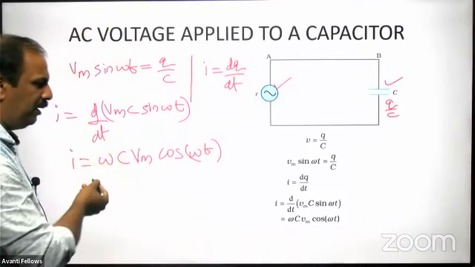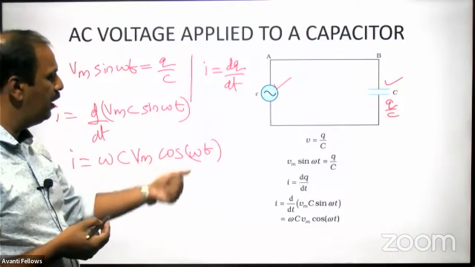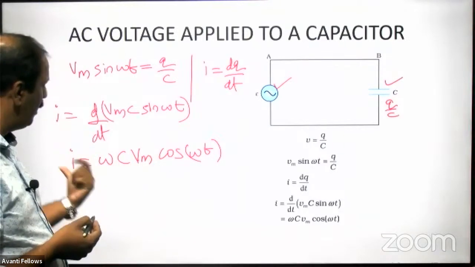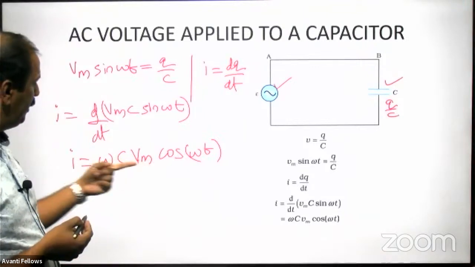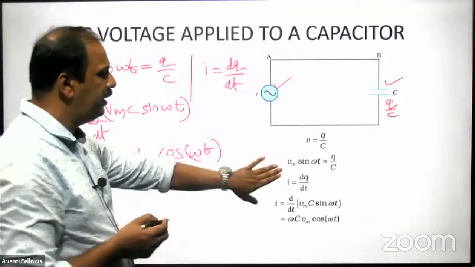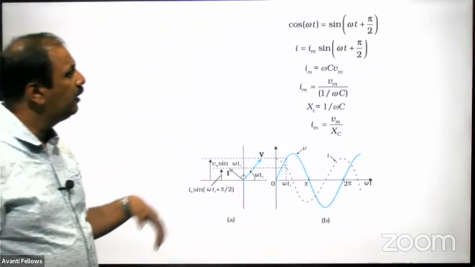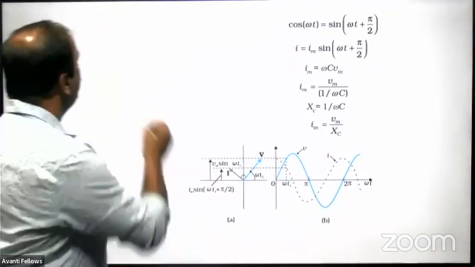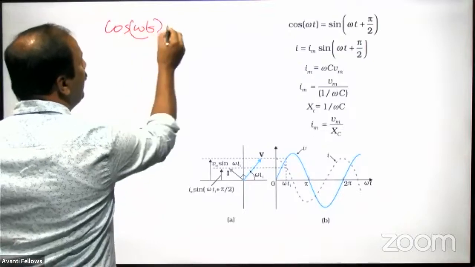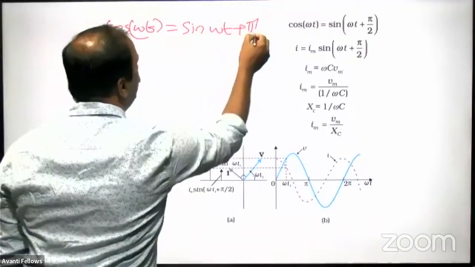Okay, see here, in the previous case we had a minus sign. Here the minus sign is not there. Omega C into Vm cos omega t is the current here. But the voltage is sine omega t, and this current is cos omega t. Now you see here, cos omega t can be written as sine omega t plus pi by 2.